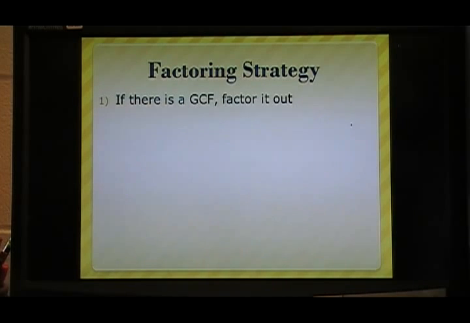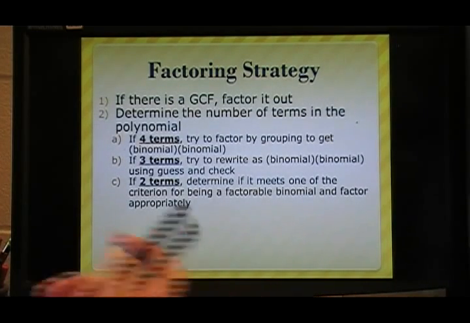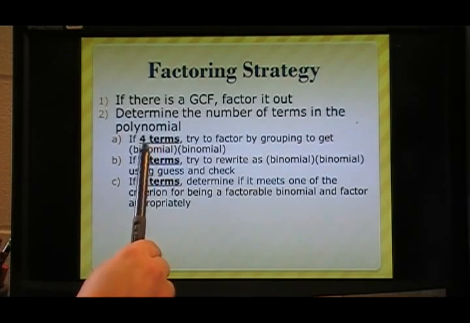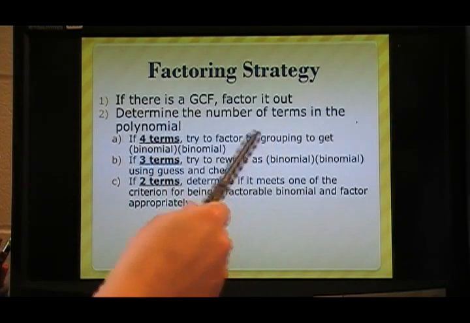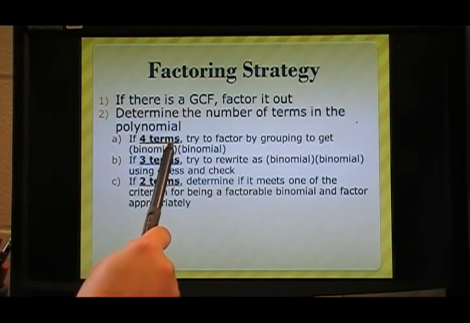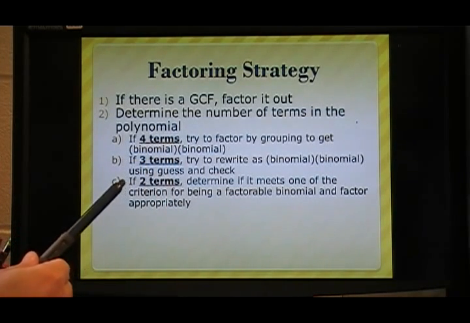If there is a common factor, you should always factor it out first. Then how you go from there depends on the number of terms. If you're working with 4 terms, you're going to use the grouping method, and we're not going to see any like this right now. We're going to be working just with 3 terms and 2 terms.